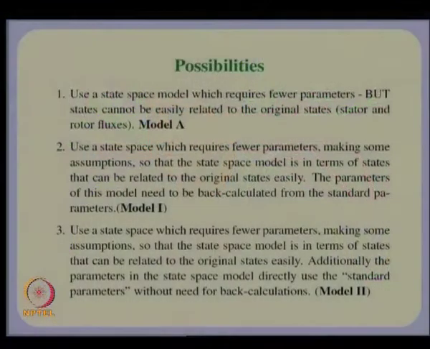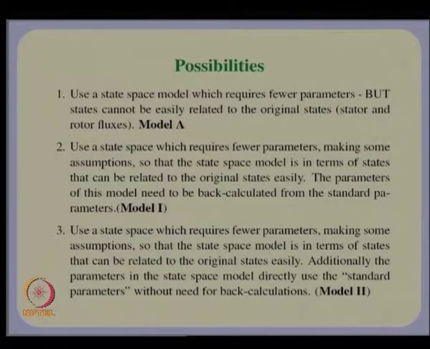So, we can write down the equations in terms of states which are related to the original states very easily. Of course, we will need to make some assumptions, as I will mention shortly. We do need to back calculate from the standard parameters the parameters required for this state space model. We will call this model 1.